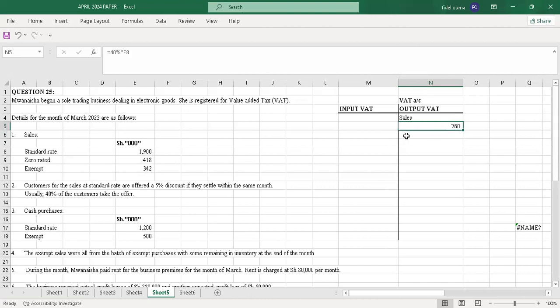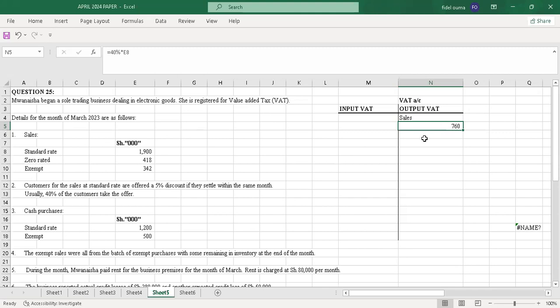Customers for the sales at standard rate are offered a 5% discount if they settle within the same month. Usually 40% of the customers. So 40% of this is 760. But they are given a discount of 5%. So I'll have to calculate the discount so that I can calculate the VAT minus the cash discount. So this is what I will do.